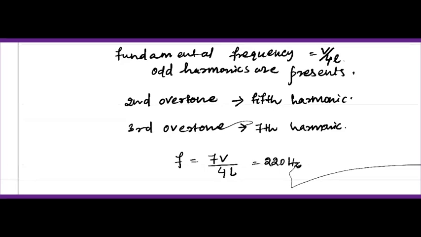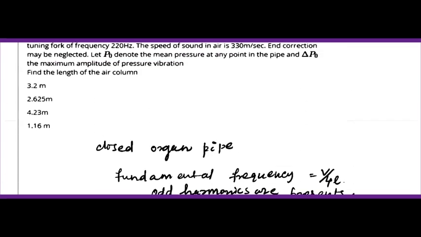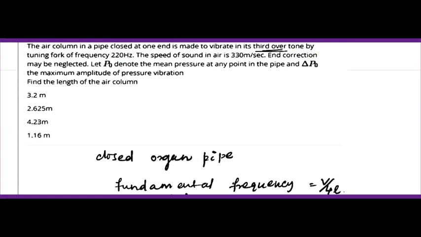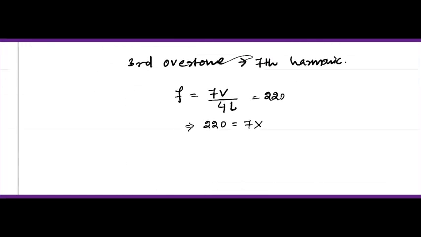Okay, so now let's calculate the length of the air column. From this we can write 220 is equal to 7 into V, where V is the speed of sound in air, which is equal to 330 meter per second. So 220 is equal to 7 into 330 divided by 4L.